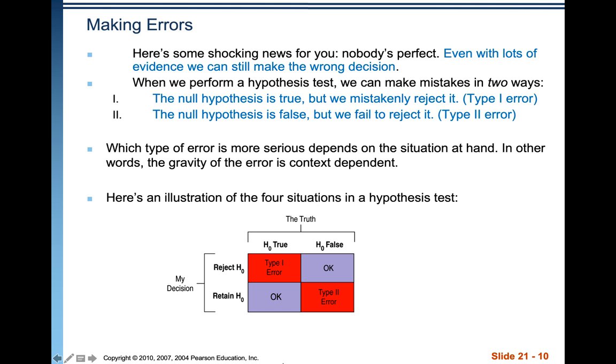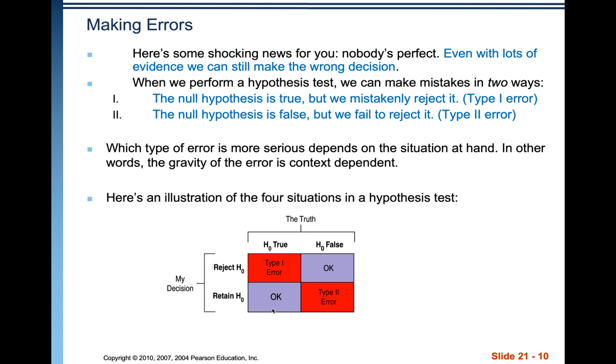Now, if we get a large p-value, we're not going to reject our null. And if the truth is that the null is true, that's awesome. So it's okay. The probability of this doesn't have a cool name or a cool symbol, because the test worked the way it should.